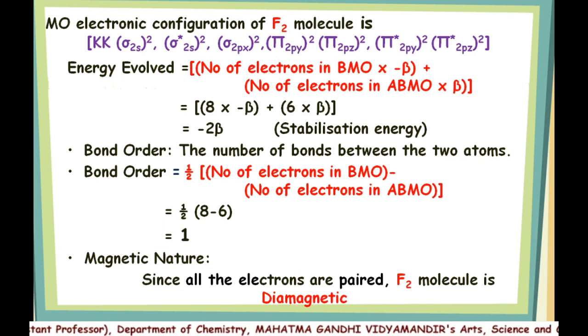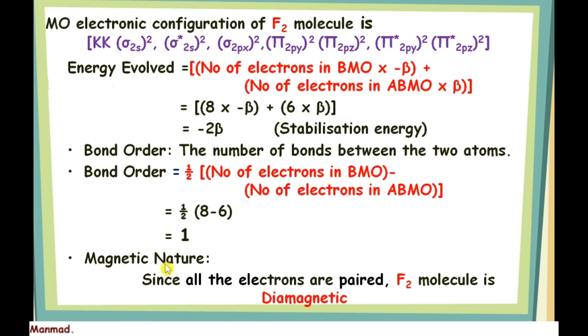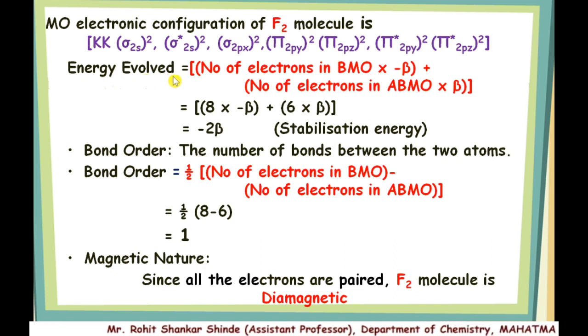The bond order is given by the number of bonds between the two atoms. We can calculate energy evolved, bond order, and we can also predict the magnetic nature by using this molecular orbital electronic configuration. So let us calculate energy evolved during the formation of F2 molecule. It is given by the formula number of electrons in BMO into minus beta plus number of electrons in antibonding molecular orbital into plus beta.